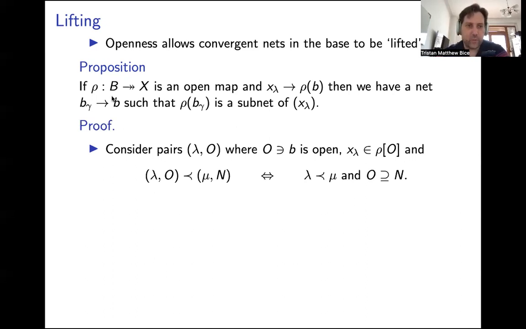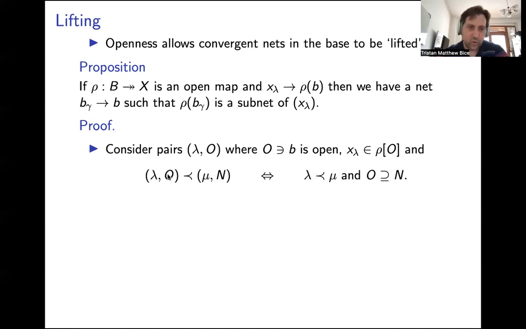So to define the net we want, this b_gamma, we first have to define the index set. And the index set is going to consist of pairs. So it's pairs where you have some open set O, some open neighborhood of b, and some lambda in the original index set you were given, such that moreover, x_lambda is indeed in the image of O under the map rho. Right?